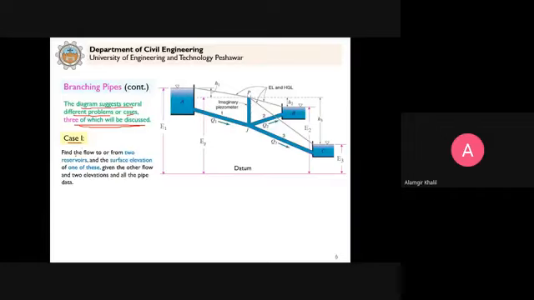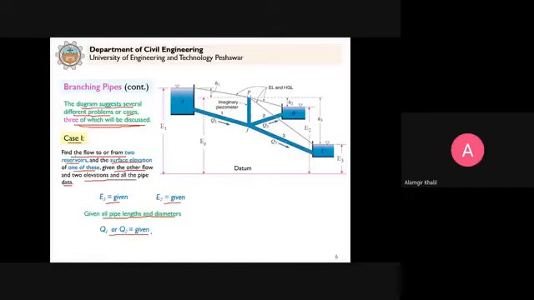What is case 1? Find the flow to or from two reservoirs and the surface elevation of one of these, given the other flow and two elevations and all the pipe data. What it means is that E1 and E2 are given, all the pipe lengths and diameters will be given, and Q1 or Q2 will be given.